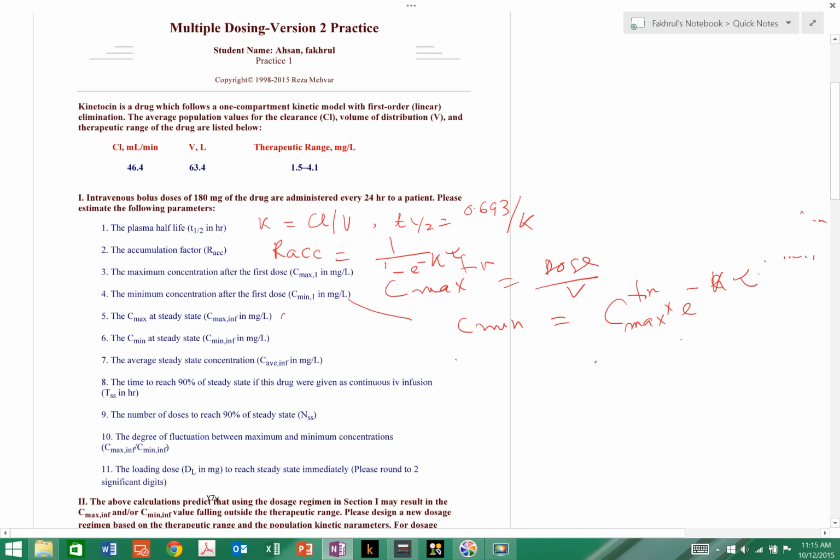So once you have calculated, you have to calculate Cmax steady state. I confused here. So in Cmax steady state you use RSCC.